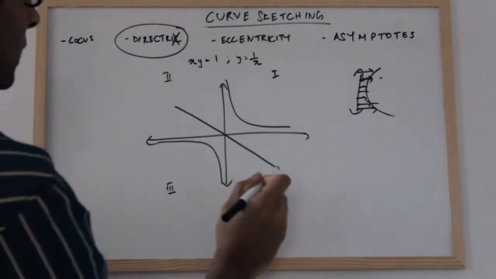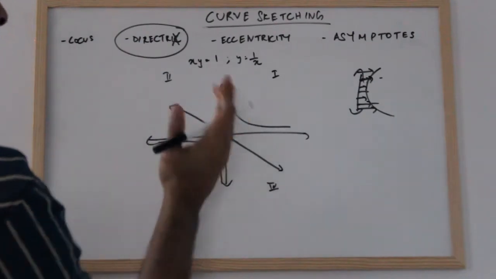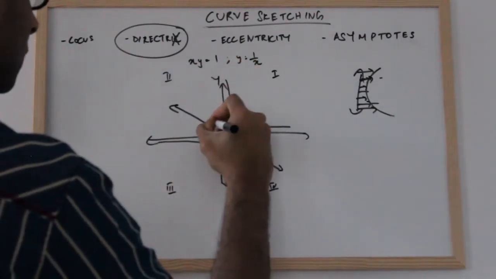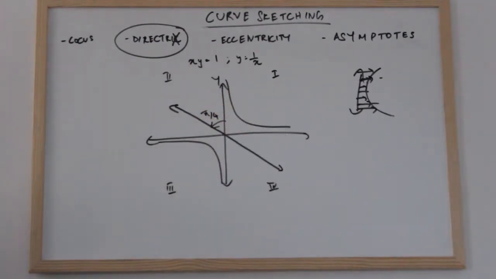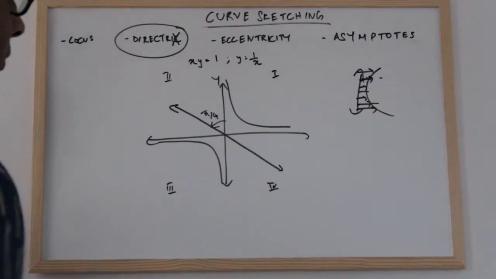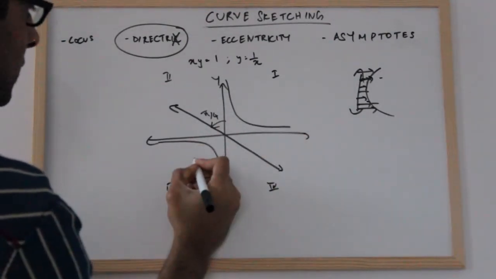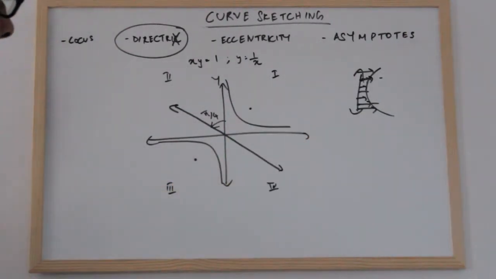So let's consider there is a curve which is at 45 degrees from the y-axis. For this curve, there is a focal point here and here.